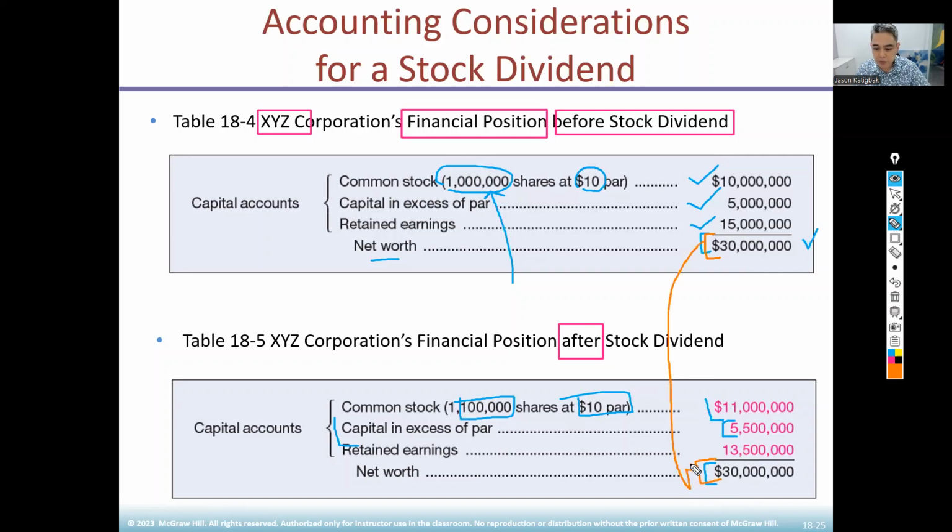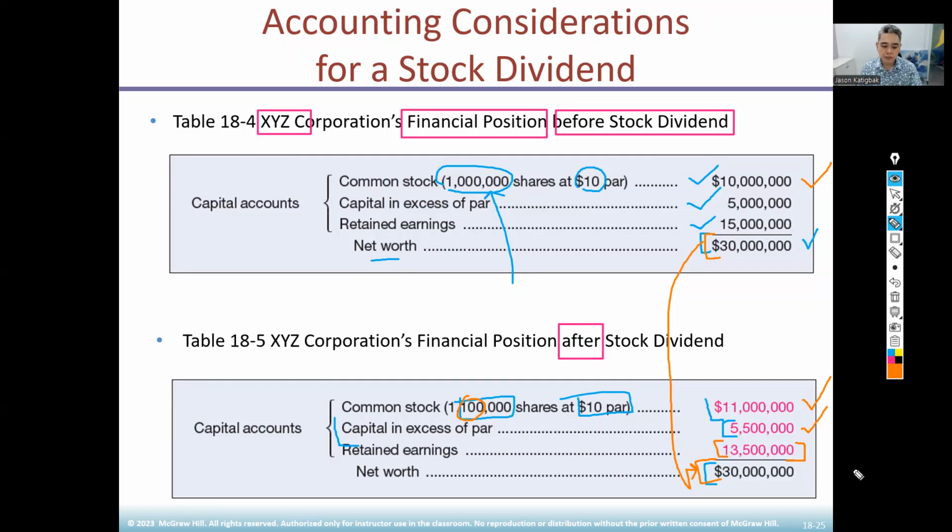So what happened? There is a reallocation between the common stock because you now have more shares by 100,000, and then a reallocation also of the additional paid-in capital. Where's the difference? It all gets adjusted against retained earnings.